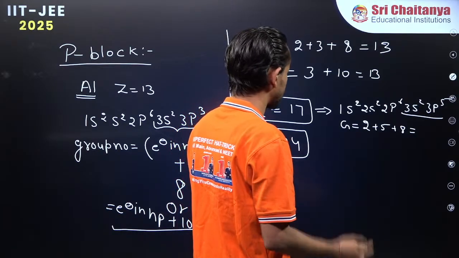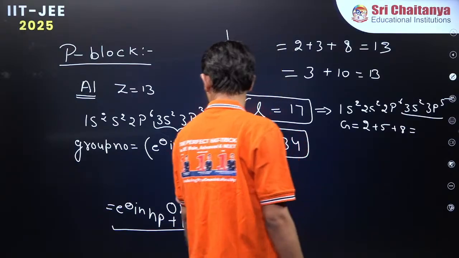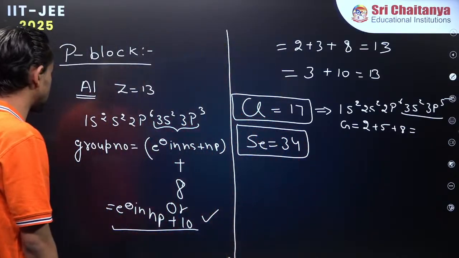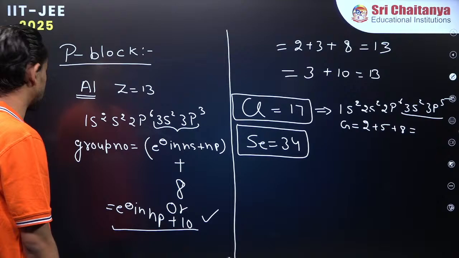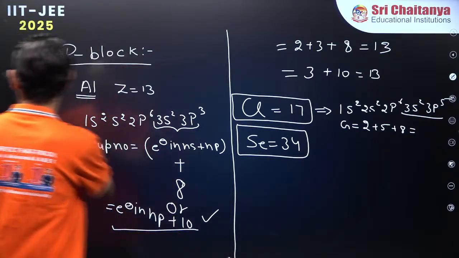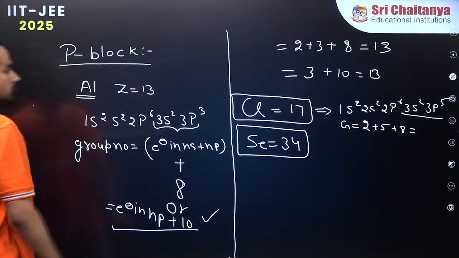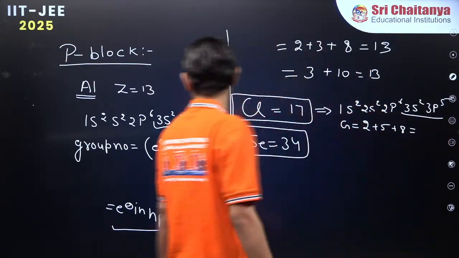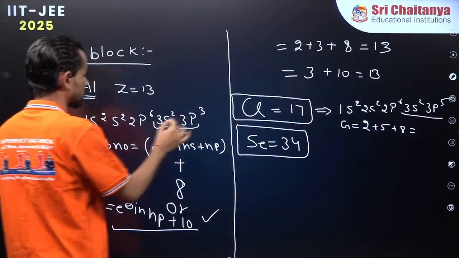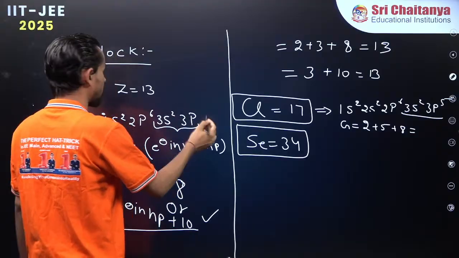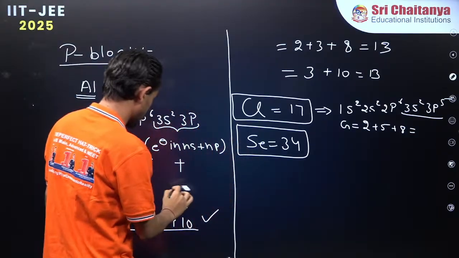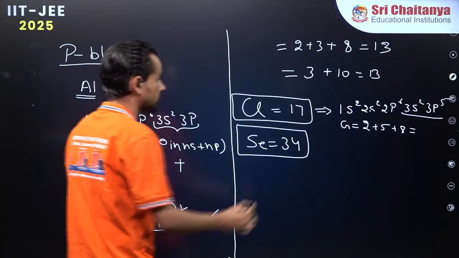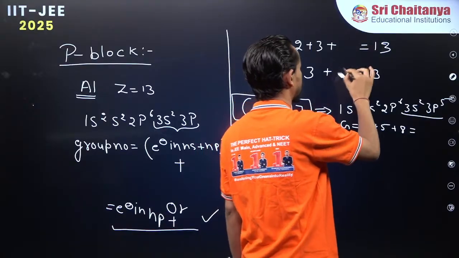We have made a small mistake. Please correct this. It will be 3p5, not 3p3.